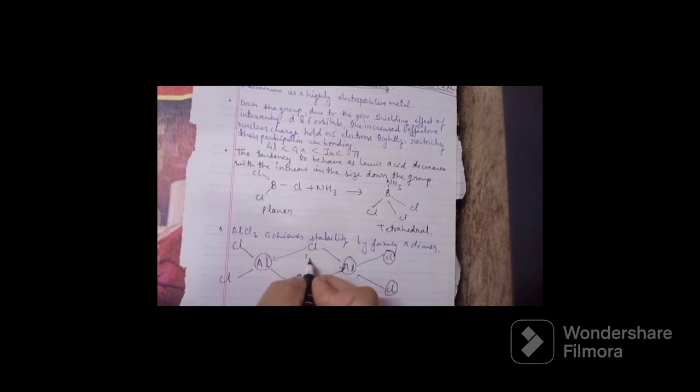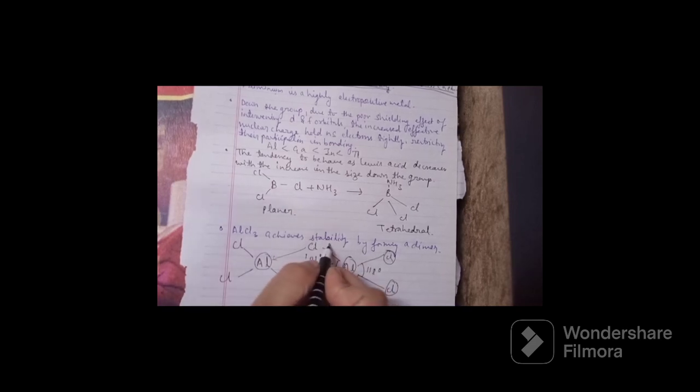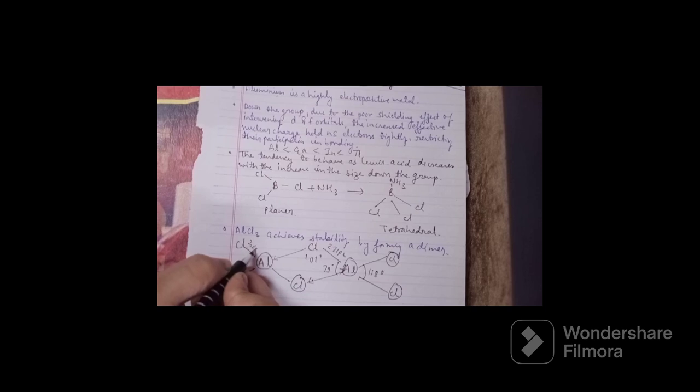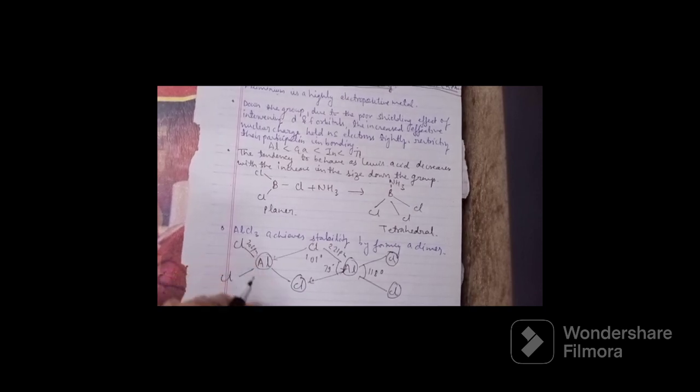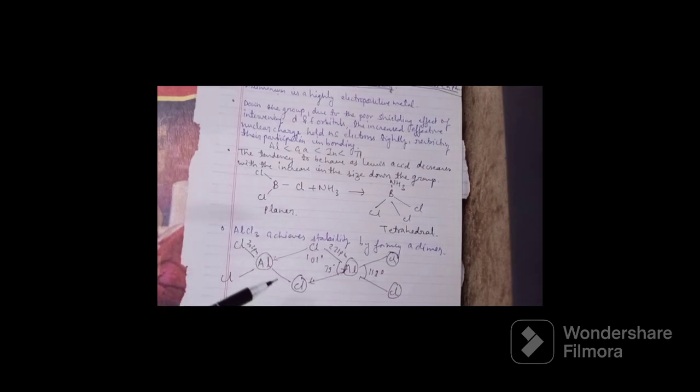The angles are 101 degrees, 79 degrees, 118 degrees, and the bond lengths are 221 pm and 206 pm. Here this is a bridge, and the dipole moment has been making a tetrahedral. This has been the tetrahedral.